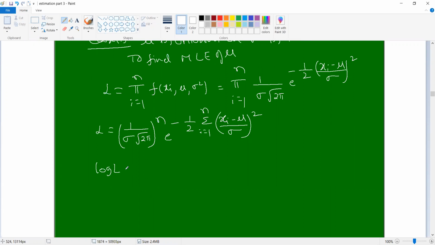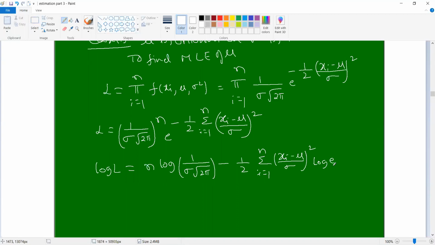Apply the logarithm on both sides. Log L is equal to n into log of 1 by sigma root 2 pi minus half into summation i equal to 1 to n of xi minus mu by sigma whole square, log e base e.